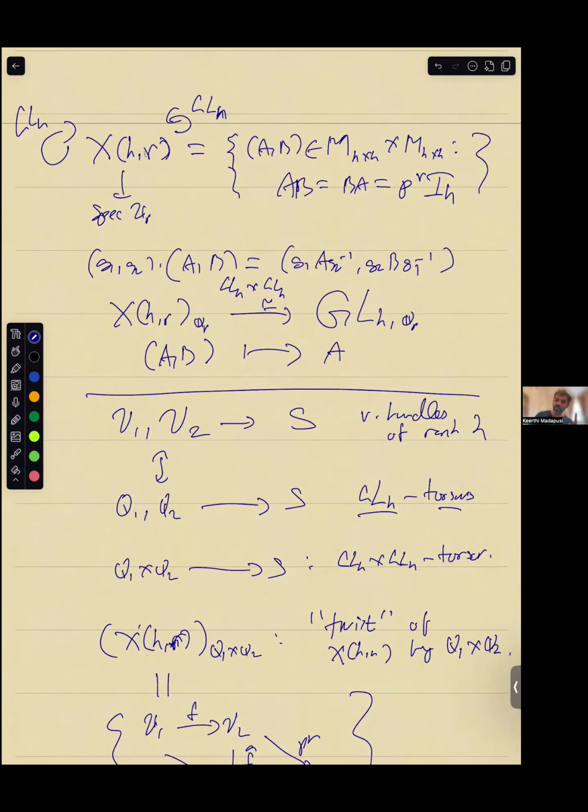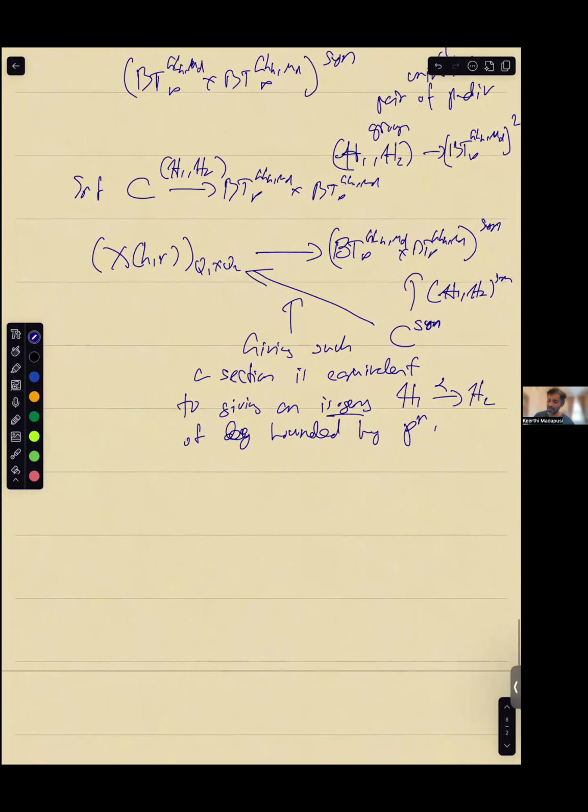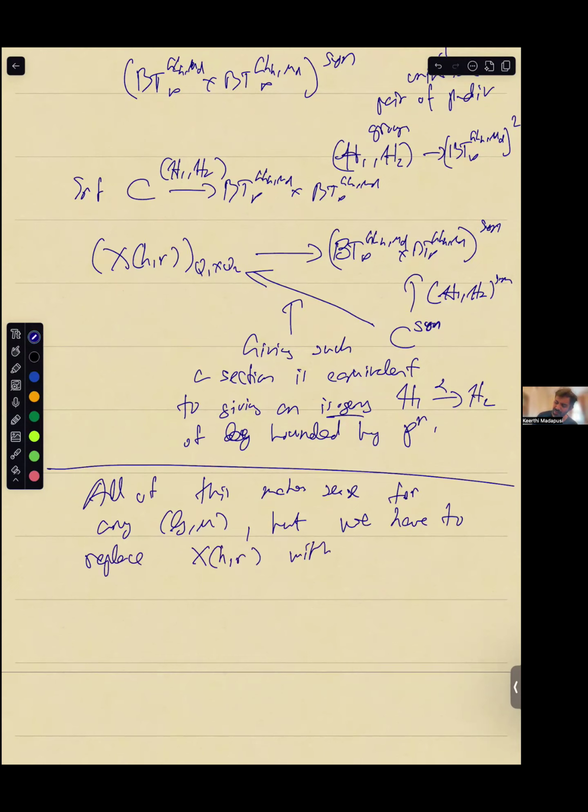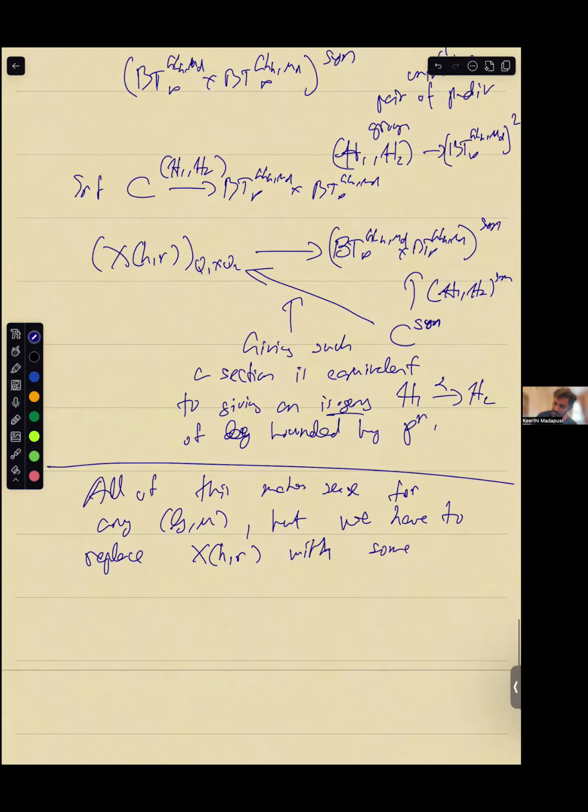All you need is to replace X_h,r for any G_mu, but we have to replace X_h,r with some scheme which has a two-sided action of G and a G times G equivariant isomorphism to the generic fiber.